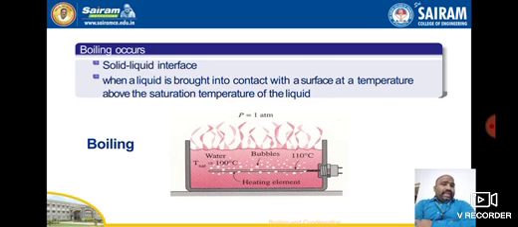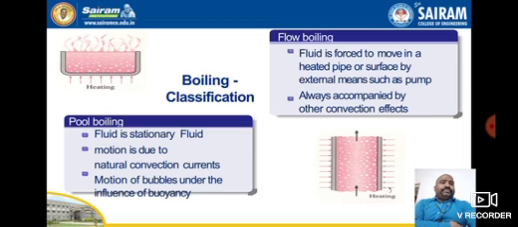So here the saturation temperature is 100 degrees centigrade, and the coil is at more than that. Due to this temperature, the liquid starts to boil at 1 atmospheric pressure.